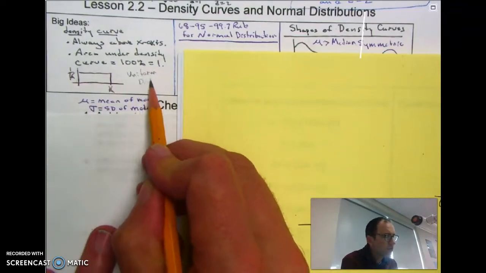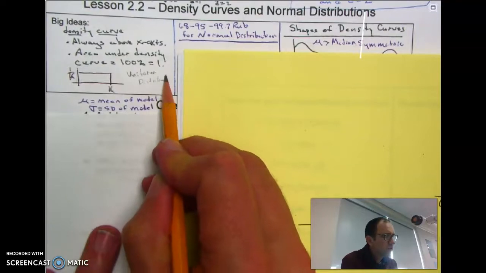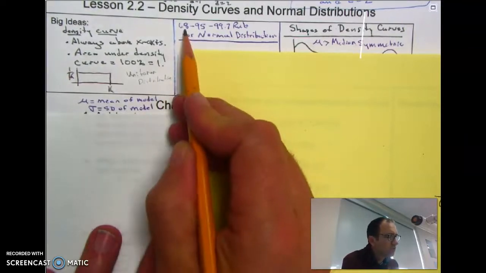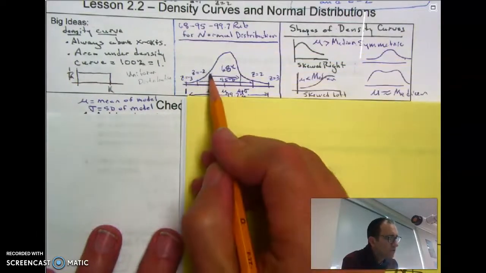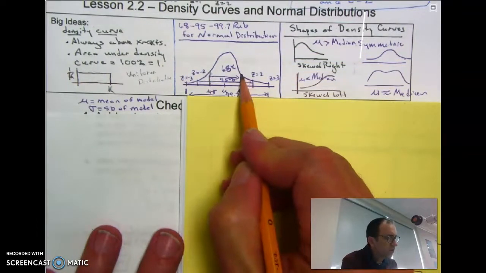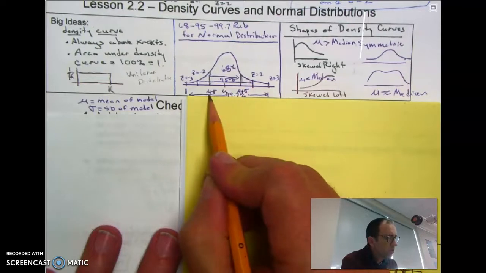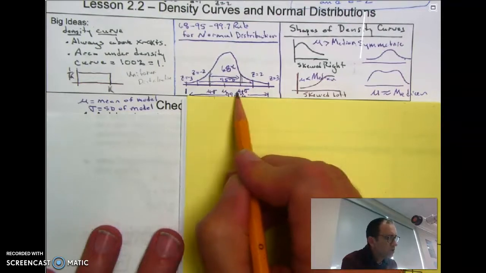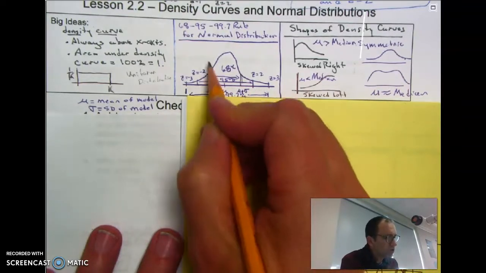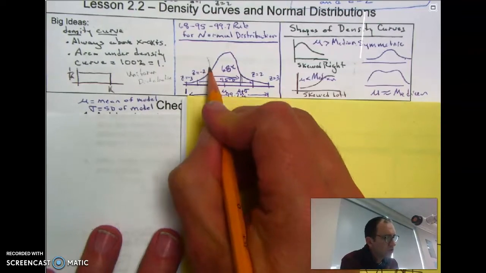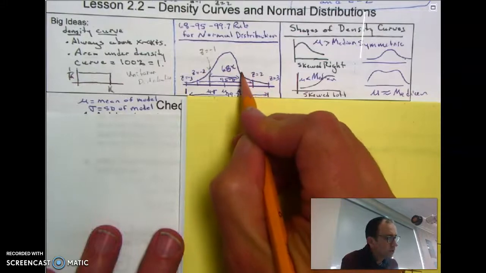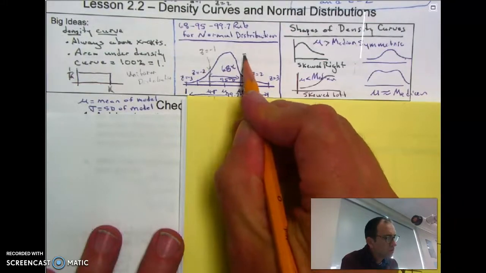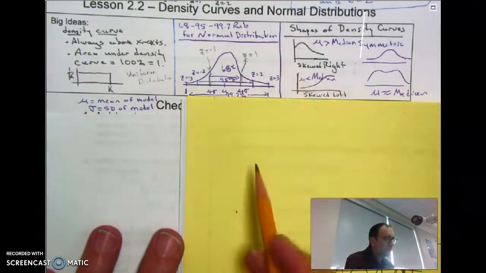But in a normal distribution, we would expect about 68% of the data to be within one standard deviation of the mean. So that means 68% of the area under the curve will go from the mean minus 1 standard deviation to the mean plus 1 standard deviation. This would be where a z-score is equal to 1 below, so it's actually a negative 1. And this would be where the z-score is 1 above, or a positive 1.